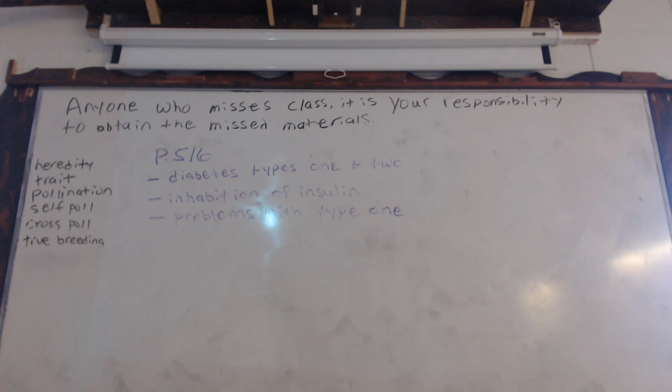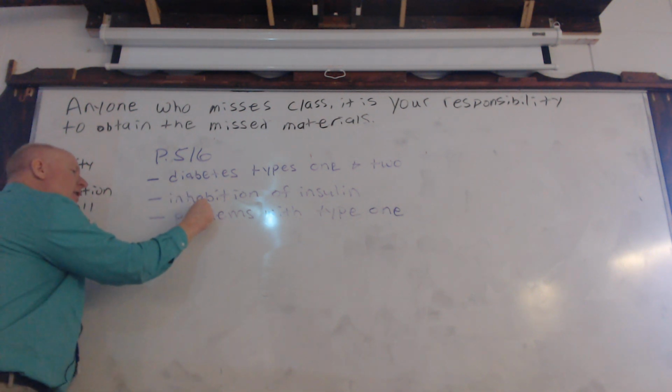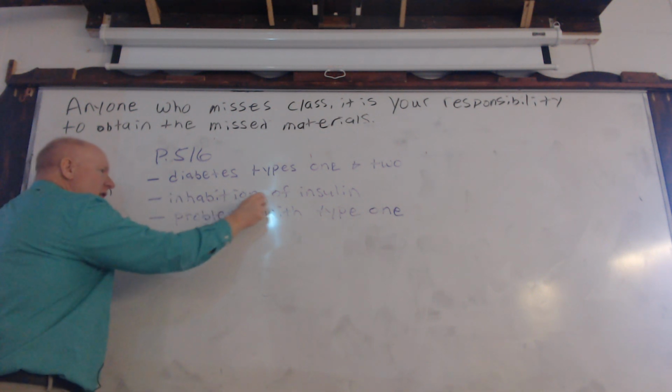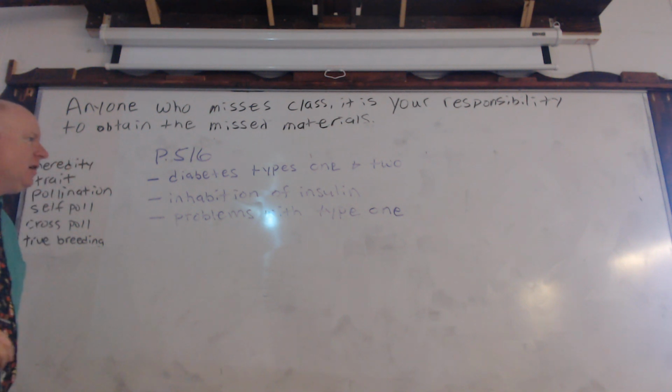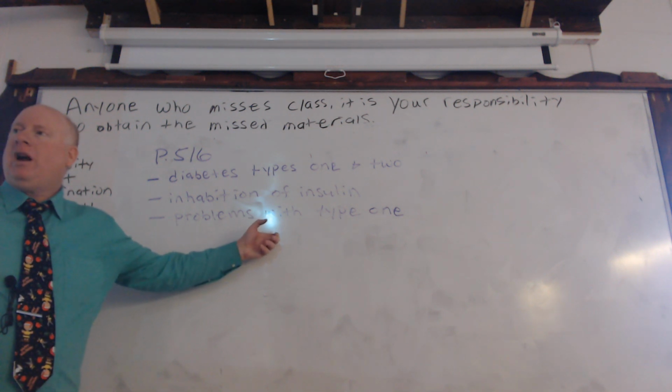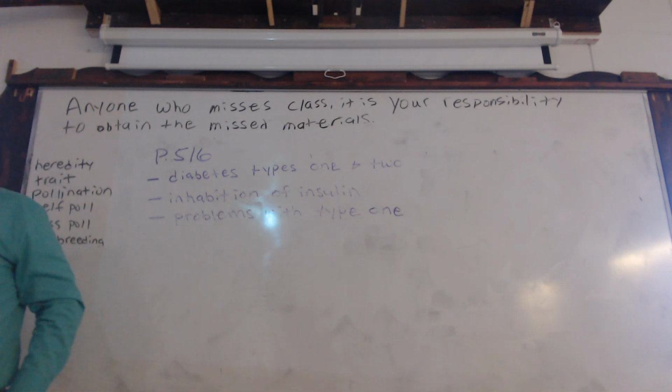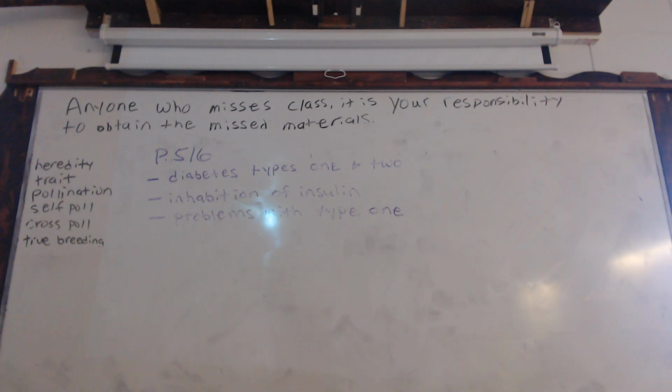How many of you could eat insects? Maybe on purpose? But you may have an inhibition to that, which means you might not want to do it. It means you would stop doing it perhaps. So in this case, when insulin stops, what are some of the effects of the inhibition of insulin? And then what are some problems that the body goes through when someone has diabetes type 1?